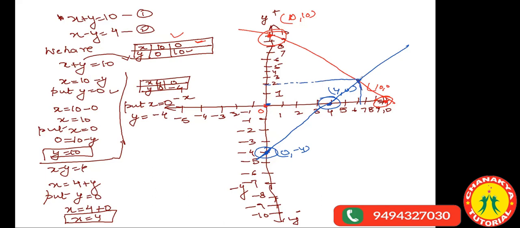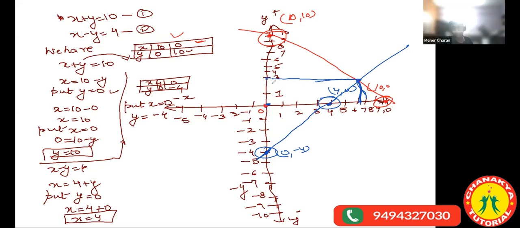So when you draw it with scale and pencil, I guess the value of x will be 7 and y will be 3. Clear? So this will be 3. Clear, beta? Understood, class 10? Yes, ma'am.